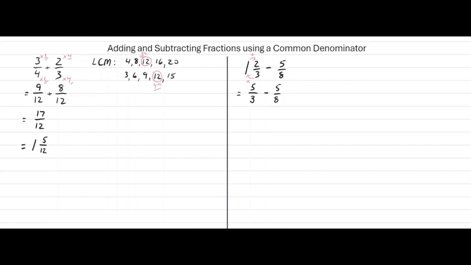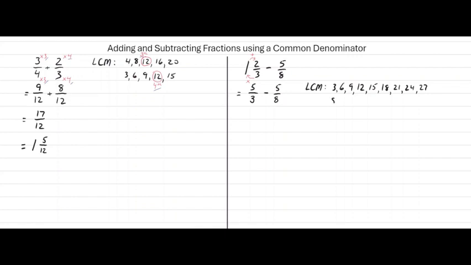Again, to get a common denominator, we need the least common multiple, or LCM. So we'll look at the multiples of 3 and 8. We have 3, 6, 9, 12, 15, 18, 21, 24, 27, and I'm stopping there.